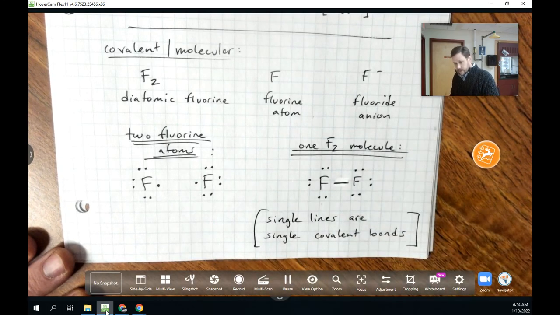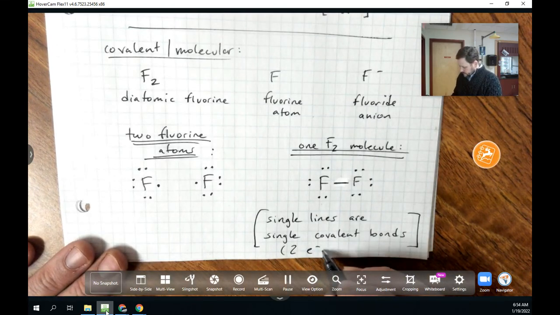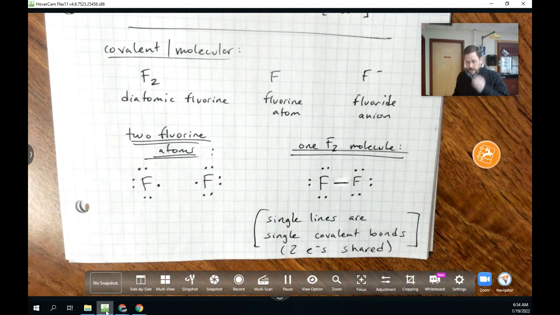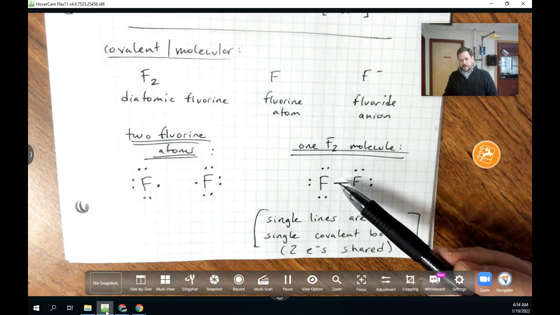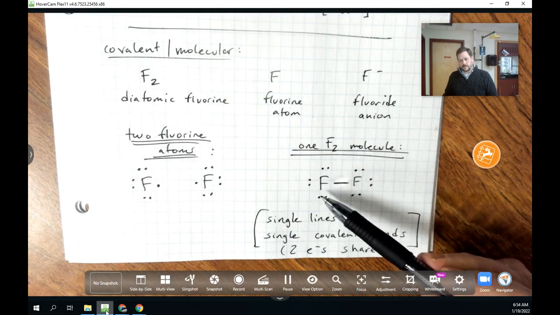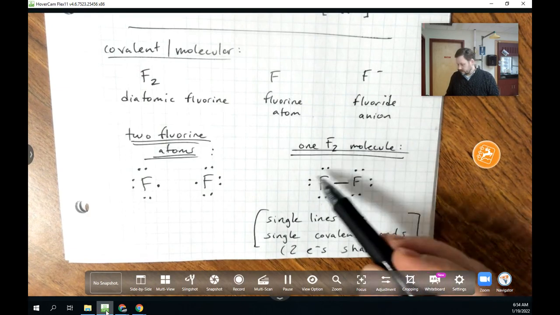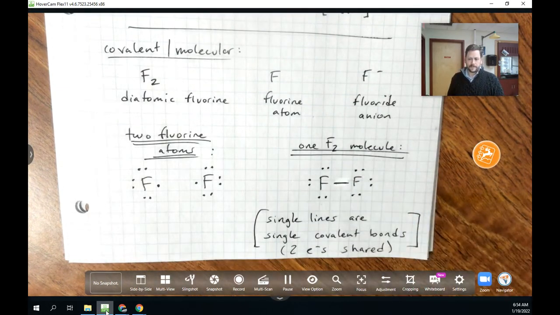And remember that a covalent bond is two electrons shared. So since there are two electrons shared here, plus another 6 for each fluorine atom, that means each fluorine atom has 8 valence electrons around it in its valence shell, and that's what we call an octet.